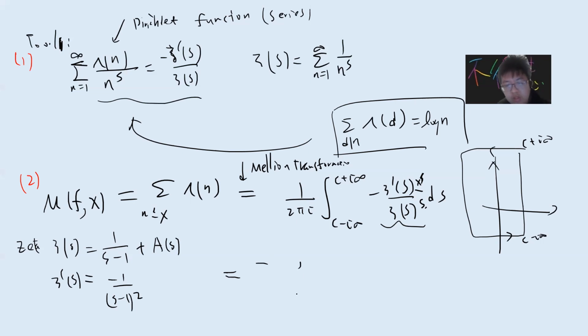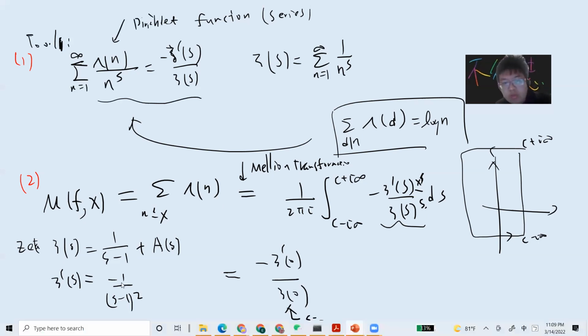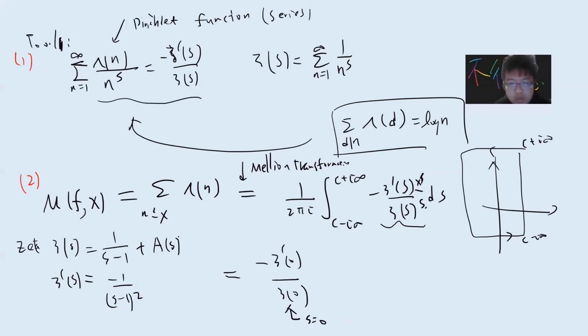This is the residue which comes from s equals 0. Next, once you do the differentiation, you get the residue at s equals 1, and the residue is minus 1, so you get the residue at s equals 1 of this function, which is x to the 1 divided by 1.